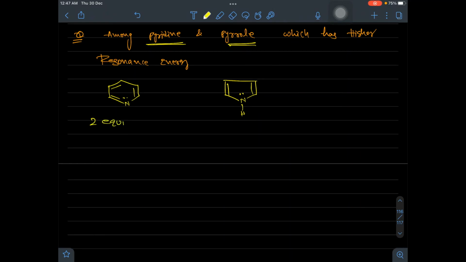Two equivalent resonance structures. But when the lone pair is involved in conjugation with the pi electrons, pyrrole will have 5 unequivalent resonance structures.